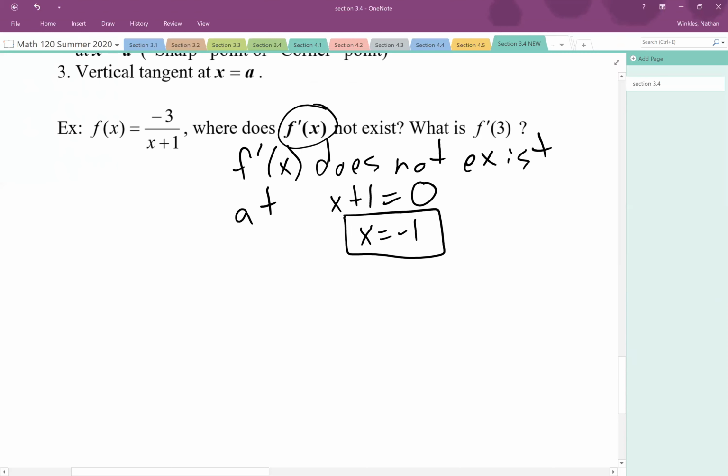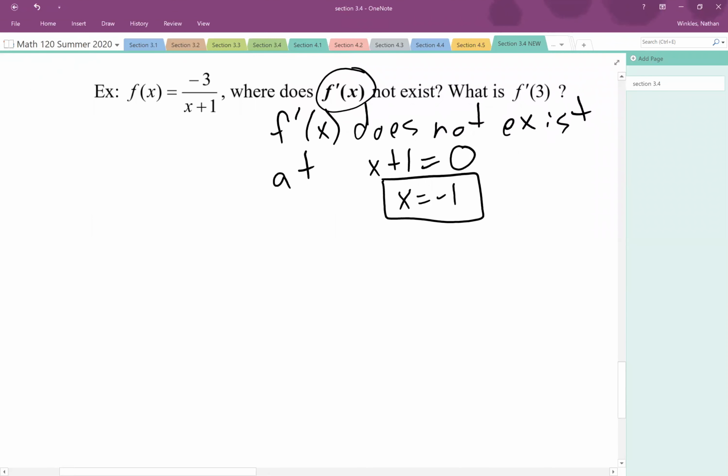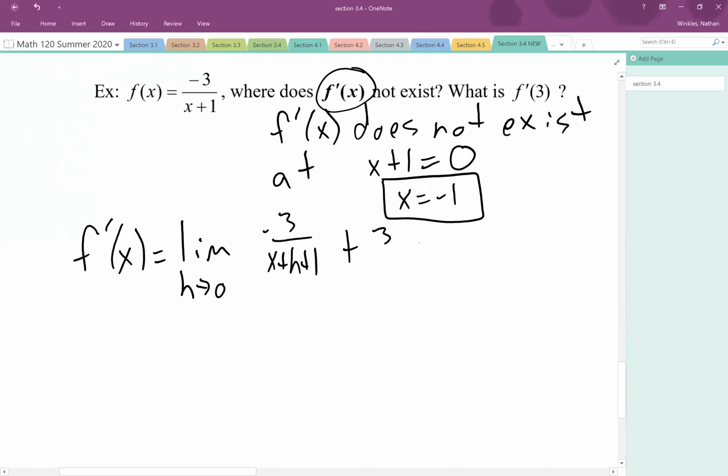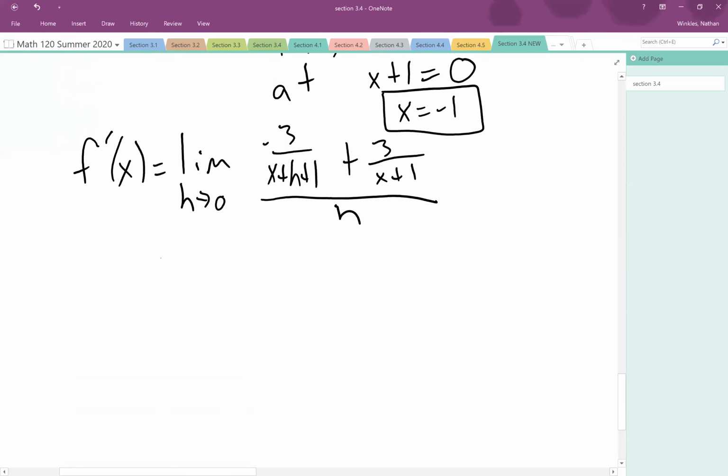Now the next one's a little bit harder because we actually have to find the derivative before we can plug in. So f prime of x is equal to the limit as h goes to 0 of -3 divided by x plus h plus 1, plus 3 over x plus 1, all divided by h.